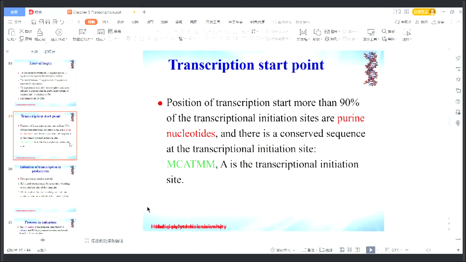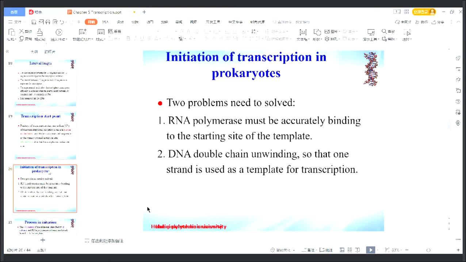Okay, from here, for the structure of the promoter and the structure of the interval sequence, we studied this part, and later we begin to study the whole process of the transcription. Okay, initiation of the transcription in prokaryotic organisms. First we meet a trouble. The DNA, you can see, forms the double helix structure.